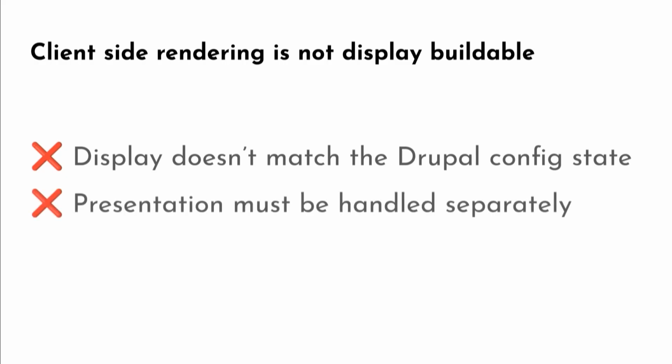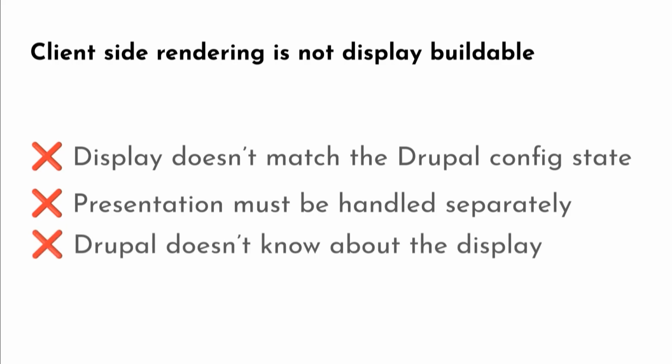Because presentation is handled in a separate app with its own logic, and the communication is going only one way. This headless app is pulling business data from Drupal, but Drupal doesn't know what is displayed on this app. So how can we build something from Drupal with headless?